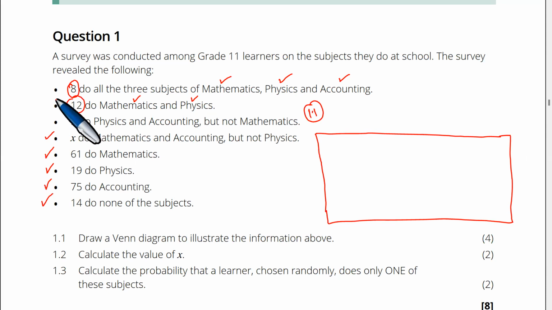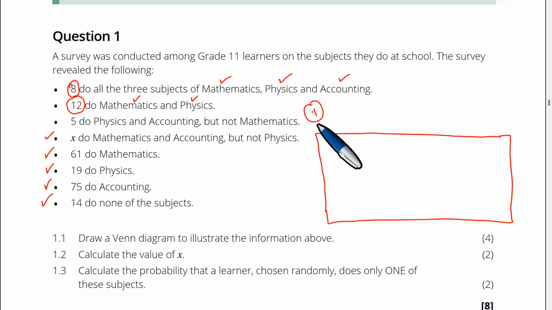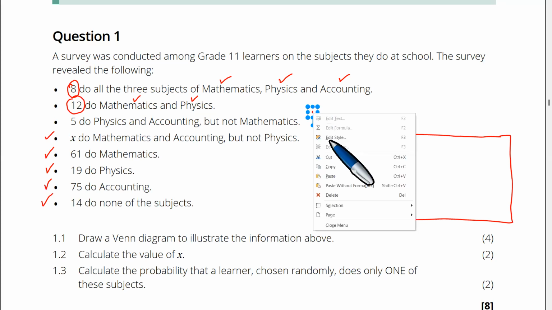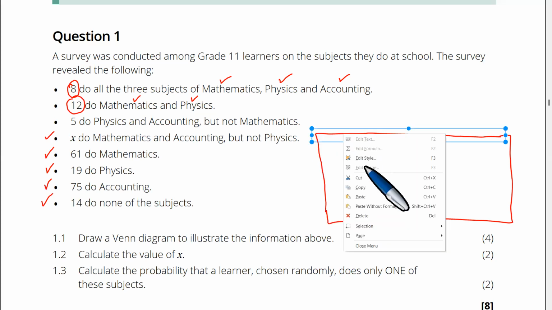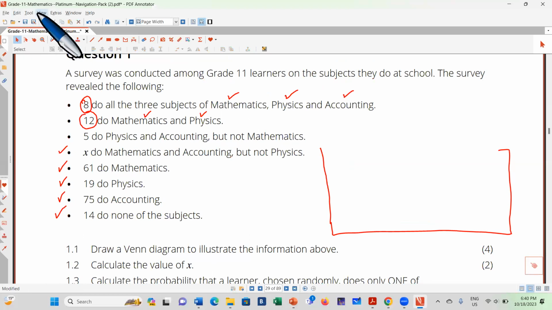Let me just extend the Venn diagram a little bit. I want to extend it to make it large enough so that we can put as much information in the Venn diagram as possible. So let me extend it a little bit more. That's okay. I can extend the Venn diagram to make sure that it can include as much information as possible, and if it does, then we are certainly very safe.